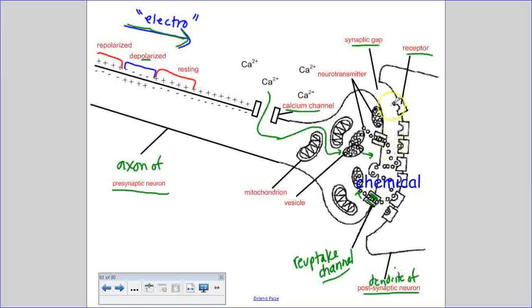So there'd be enzymes, little proteins out in this gap that would break down the neurotransmitters. We're always breaking things down and recycling them. So usually it's either they have reuptake or they might have enzymes to help break them down.